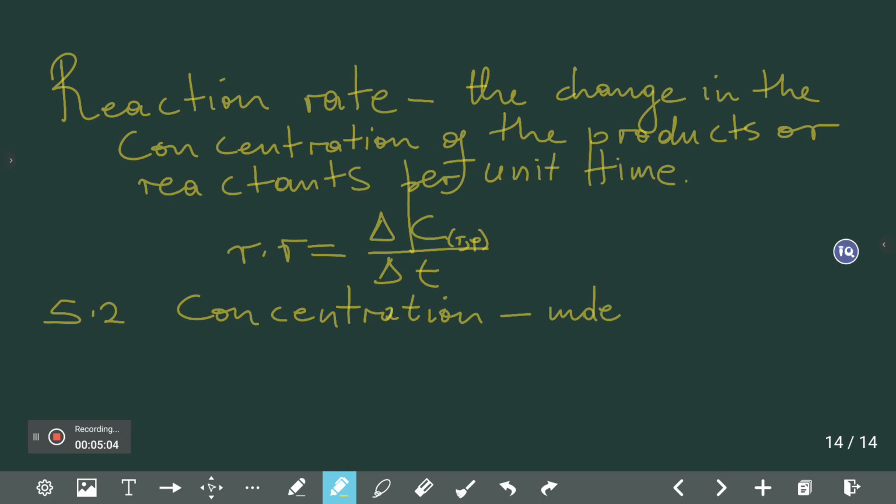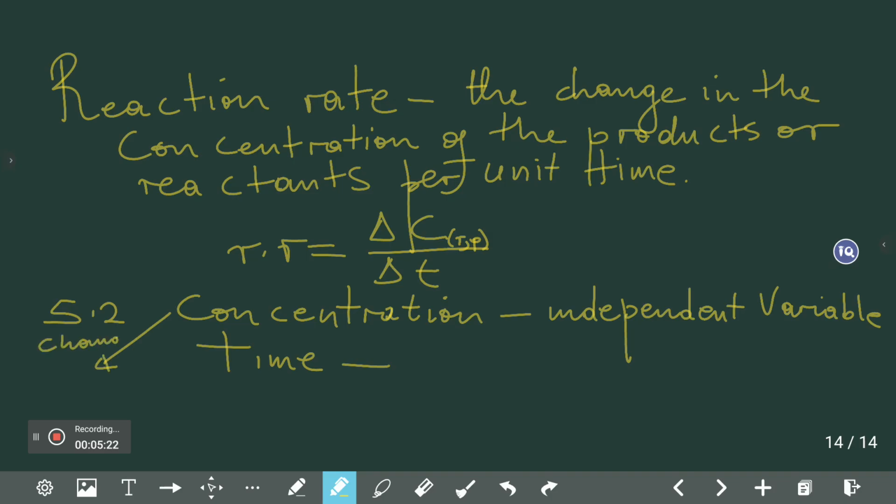What about the dependent variable? Time. This is the one that is being measured. That's your dependent variable.